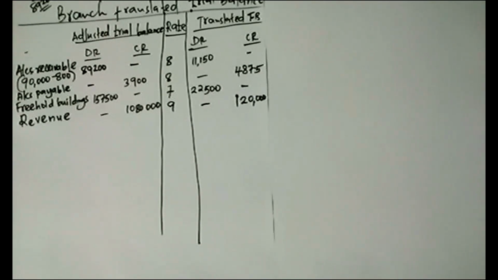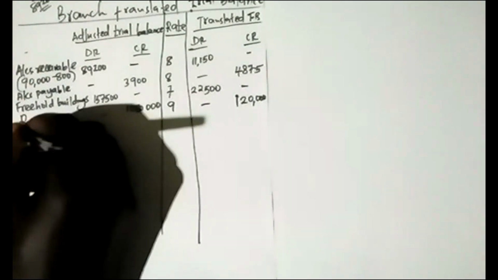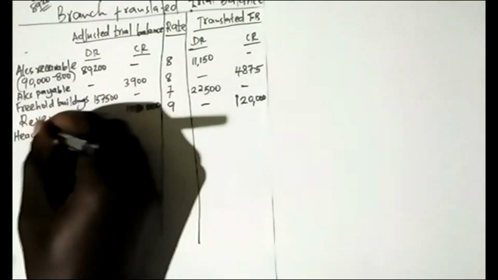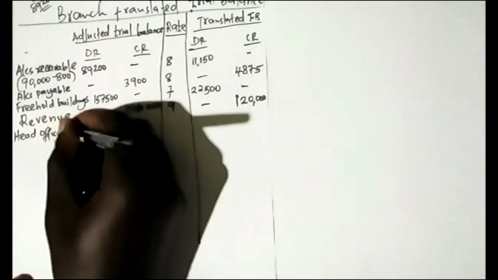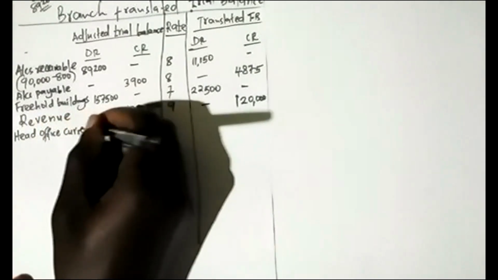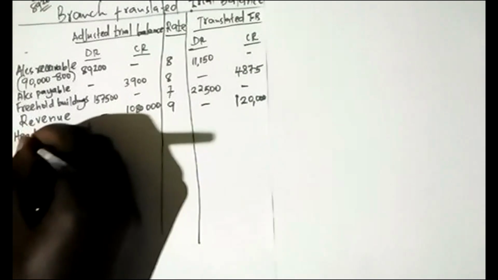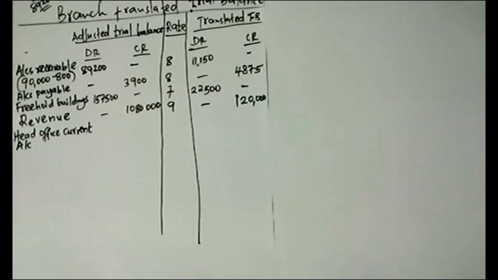Then the next thing we talk about is another item which is given. Remember that we are translating the operations of the foreign branch. We have Adobe's current account. Remember that I said there are two current accounts which are prepared.